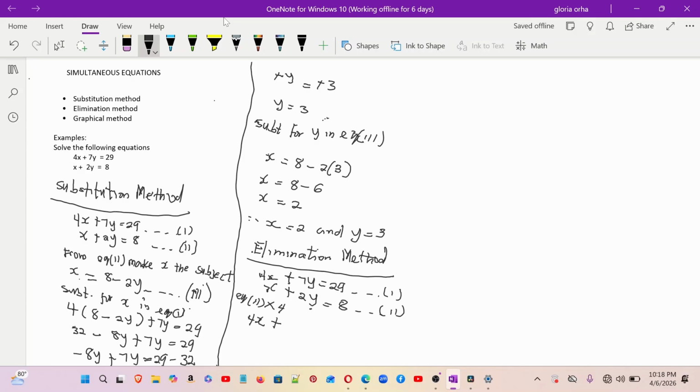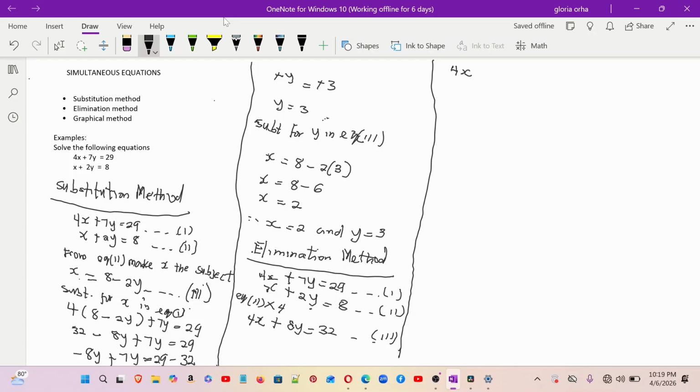So for now, we are using equation 1 and equation 3. The next thing to do is to bring both equations together. We'll have 4x plus 7y equal to 29.